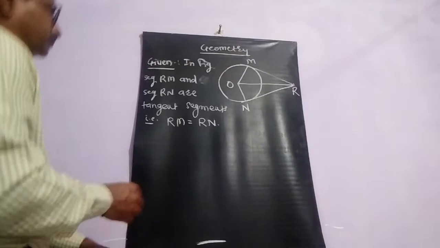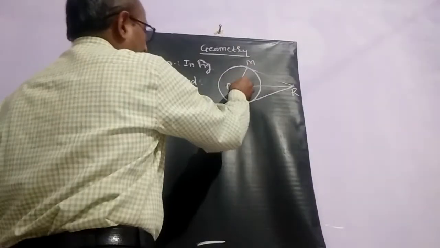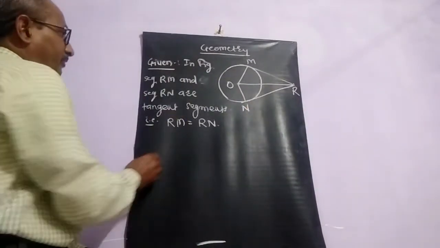Also here OM and ON are radius. After that we will write it.